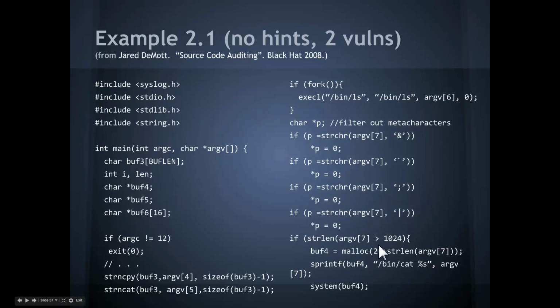In other words, to do redirection. The character is this greater than symbol. So these examples, these two, are from Jared DeMott's Source Code Auditing 2008 presentation at Black Hat, and he has other examples in his slides.